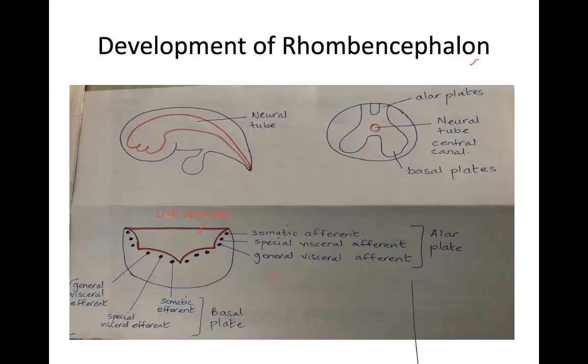So I want you to just pay a little attention to this slide, because I've tried to simplify what can be a little difficult to understand. Alar and basal plates consolidate into the posterior and anterior horns of the spinal cord. The neural tube becomes the central canal of the spinal cord. As you move up towards the hindbrain, the alar plates will move downwards, and the basal plates and alar plates together will form three groups each of different neurons.